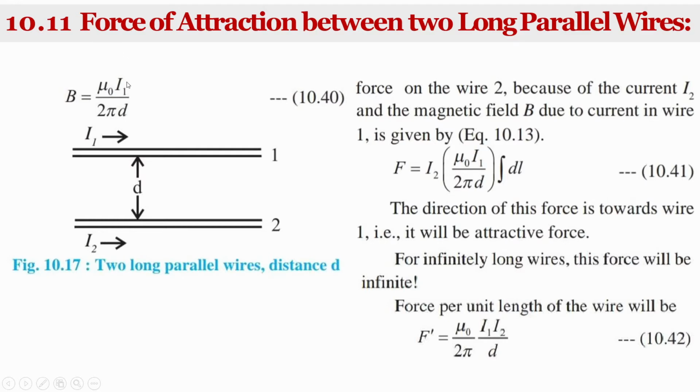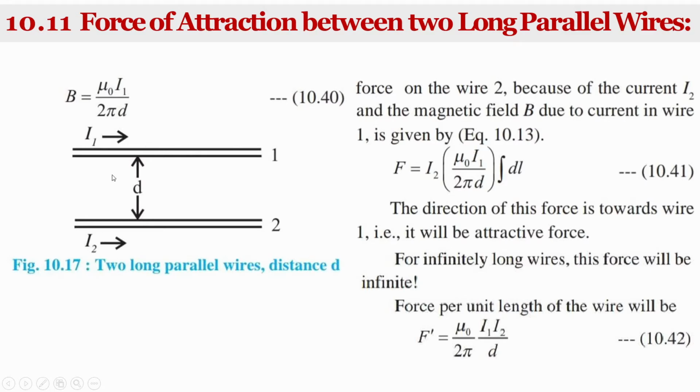Here I1 is the current flowing through the first wire and d is the distance between the two parallel wires. So this is the magnetic field B which acts on the second wire due to the current flowing in the first wire. According to the right hand rule, the direction of this field is into the plane of the paper.